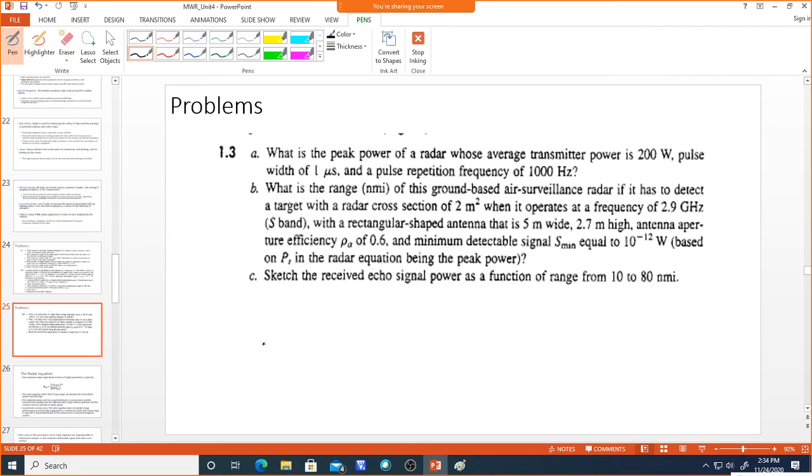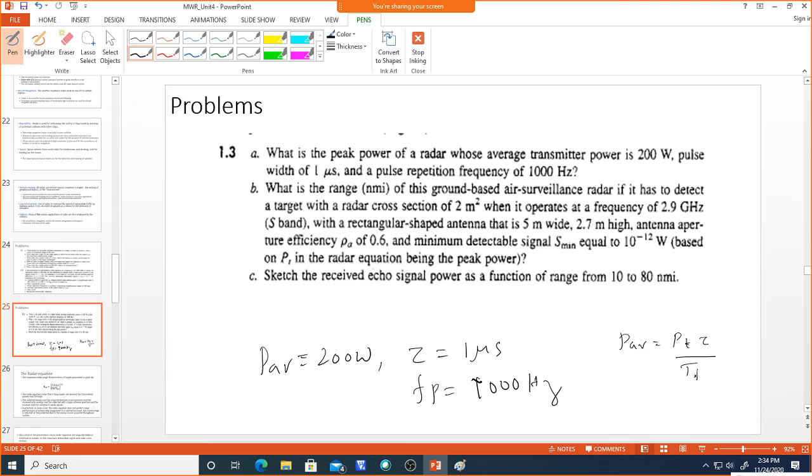So transmitter power. Now average power is given as 200 watt. Pulse width 1 microsecond and pulse repetition frequency fp is given, which is 1000 hertz. Now P average we know is PT into tau by TP. So TP you calculate from this; it will come to 1 millisecond, that is 1 over 1000. So now transmitter power or peak power is given by P average into TP divided by tau.